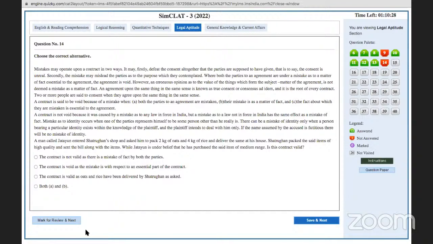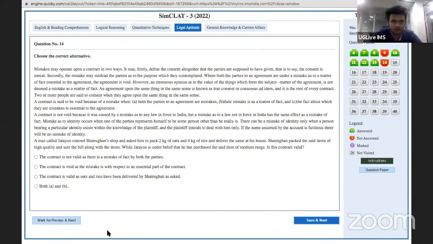Shatrughan packed the said items of high quality and sent the bill along with the items, while Jatayu is under the belief that he has purchased the said items of medium range. Is the contract valid?